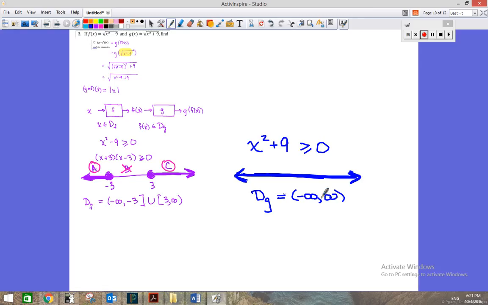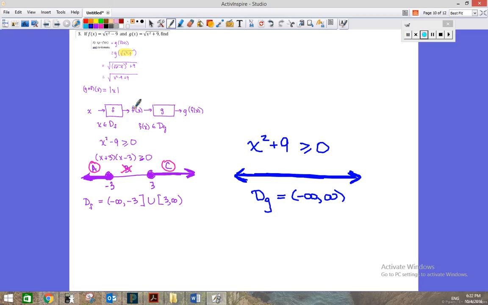So there's no added restrictions to this composition. Any output of f is welcomed by g. g takes on all comers and says, hey, I will produce a y value for you guaranteed. You just give me any x that you'd like, any number that you'd like. I guess it's not really x, it's f of x.